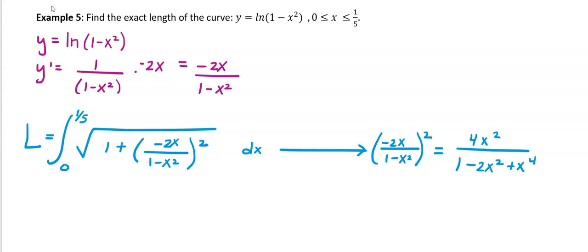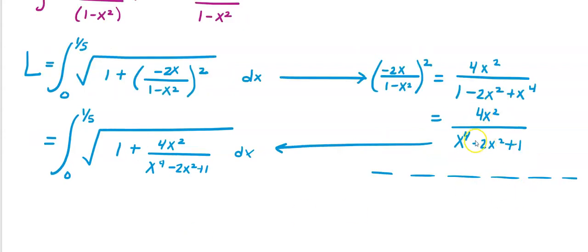And I'm going to rewrite that so that it's large exponent in front. So now my denominator is x to the 4th minus 2x squared plus 1. So I'm going to take that and replace that quantity squared in the radical as the expanded form. So now I have 1 plus 4x squared over x to the 4th minus 2x squared plus 1 in the radical.